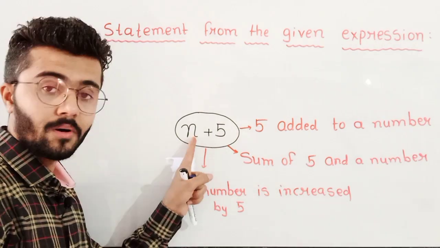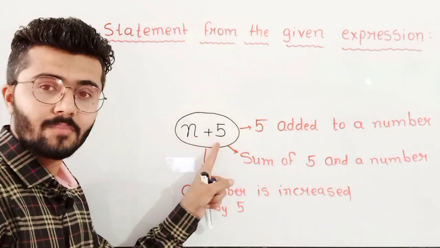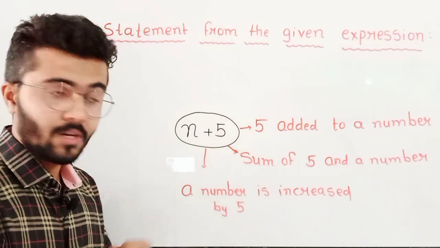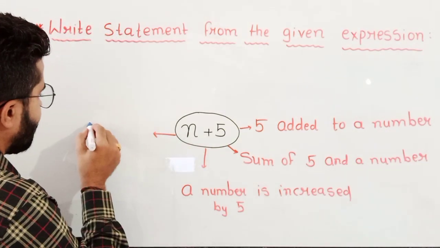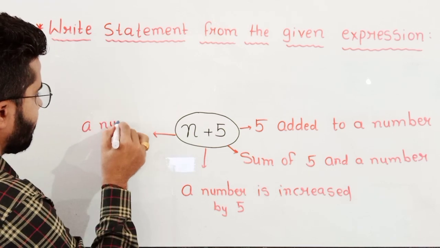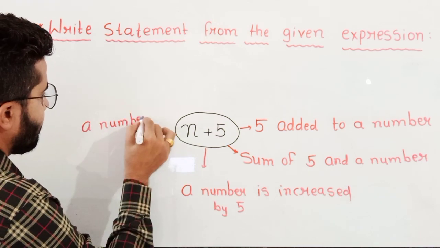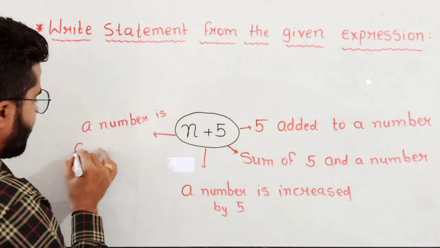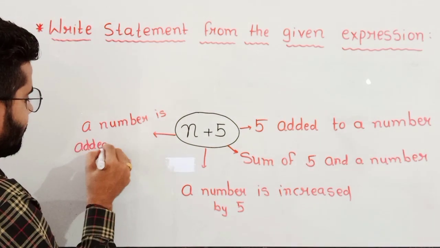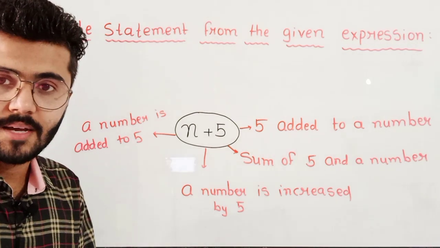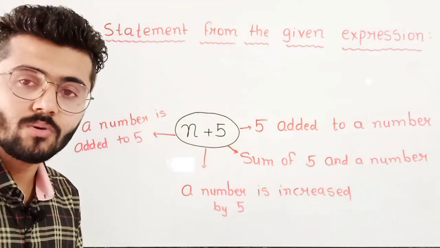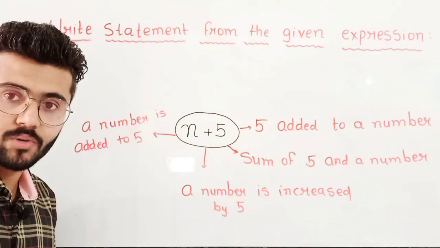Yes, a number is increased by 5. Another way, a number is added to 5. A number is added to 5. That can be also a correct statement for this equation.